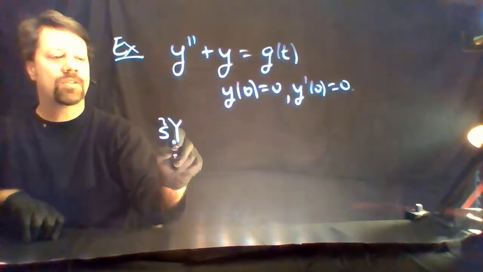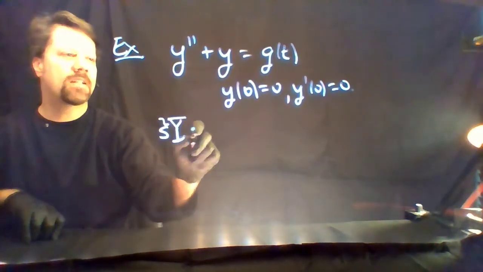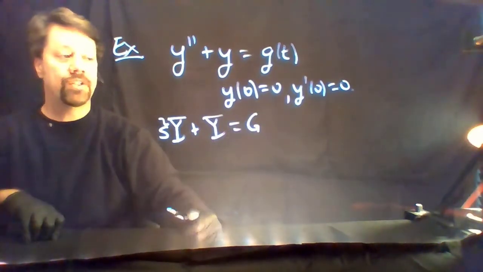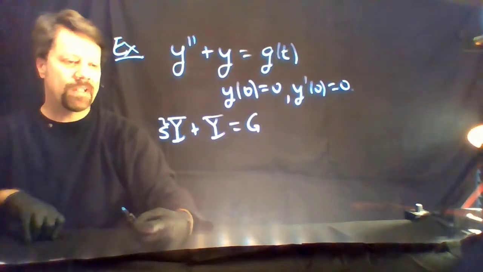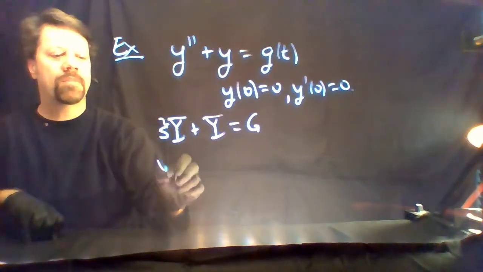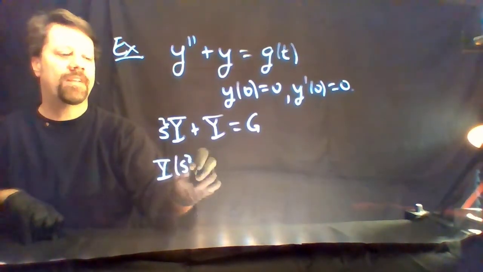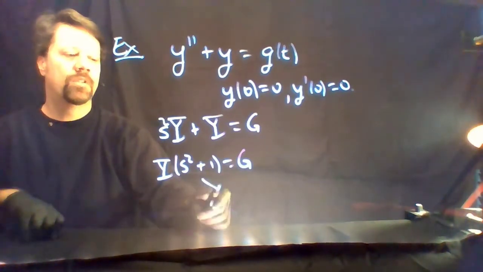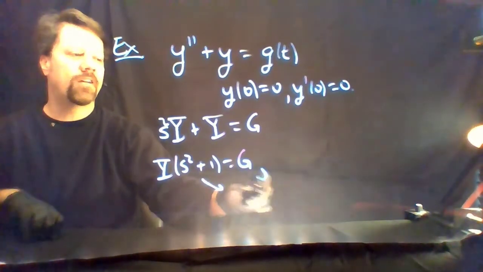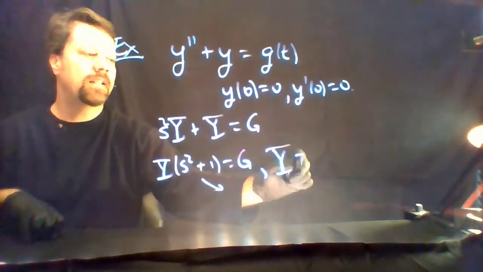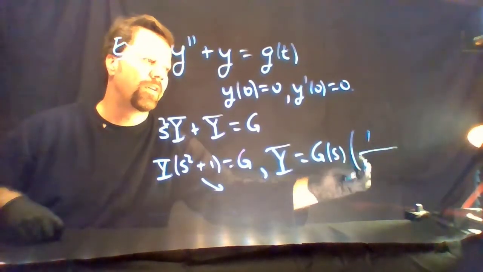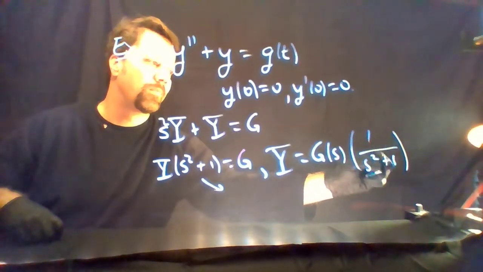The Laplace transform yields s squared times big Y plus big Y equals, well, big G. I don't know what it is. I'll just express it as big G. We'll factor the big Y out and have s squared plus 1 equals big G. We'll divide the s squared plus 1 off, yielding big Y equals big G of s times 1 over s squared plus 1.